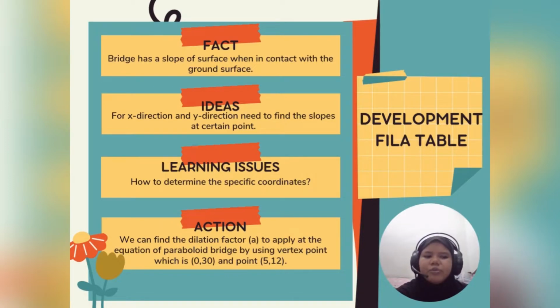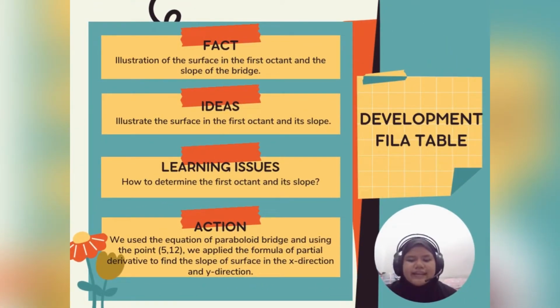This point we can get from the width of the bridge from the center, which is 5 meter, and height of bridge, which is 10 meter. The last fact that we have based on the problem is illustration of a surface in the first octant and the slope of the bridge.